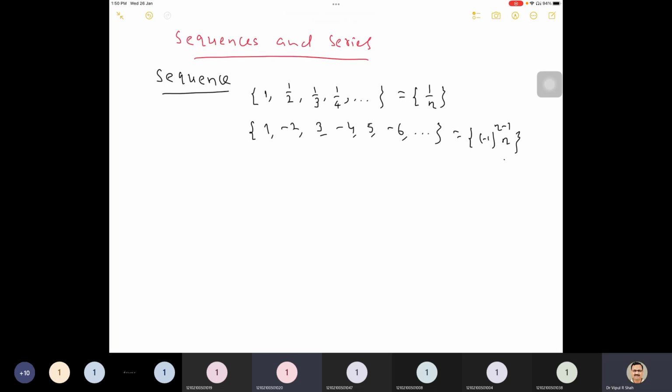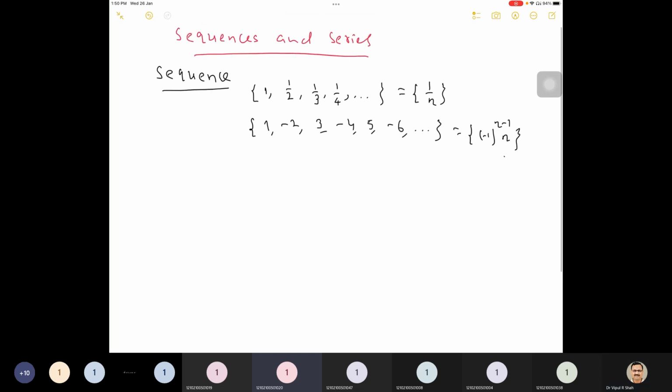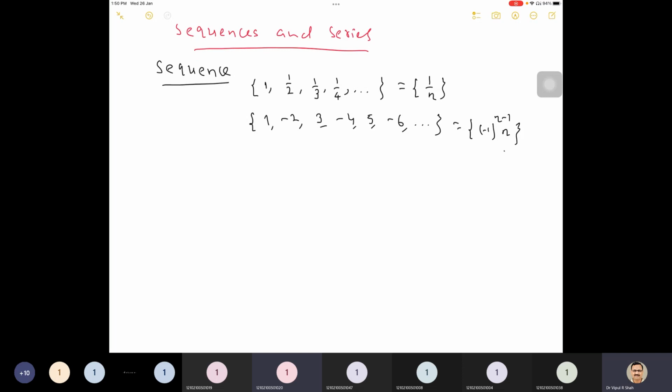So we ask a natural question. In general a sequence is written this way: a1, a2, a3, and so on. These are the terms of the sequence. Like a1 is 1, a2 is 1 by 2, a3 is 1 by 3, and so on.